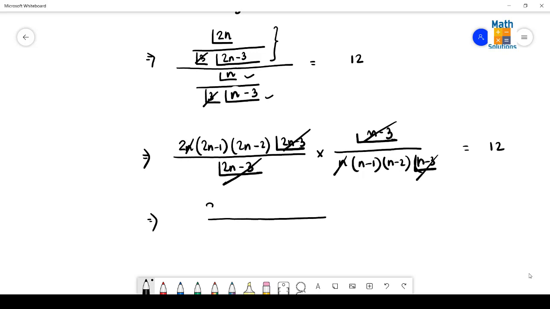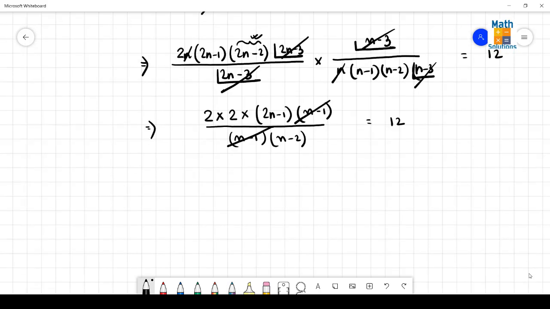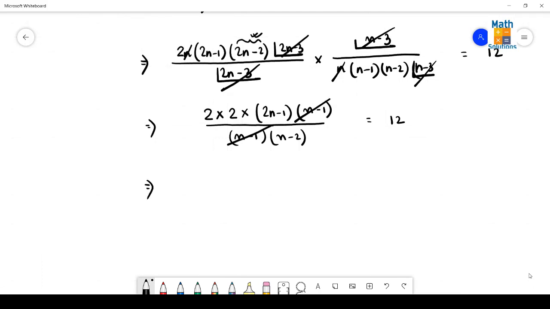So in my hand I have 2 into this. From this part I am taking out 2. So what are the things left? Twice n minus 1. After taking common 2 from this part, what will be there? n minus 1. While the denominator will be n minus 1 into n minus 2 is equal to 12. So n minus 1 got cancelled. After that, what do I get? It is 4 into twice n minus 1 is equal to 12 into n minus 2.